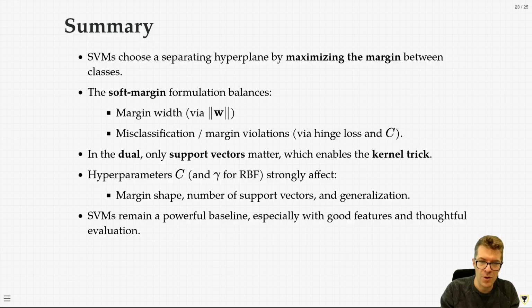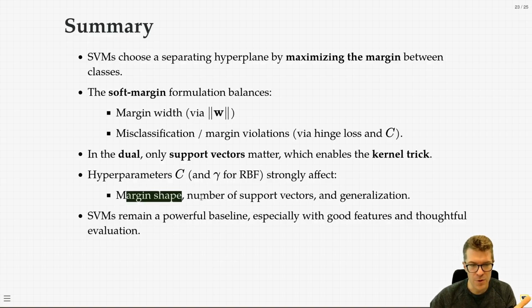In the dual, only the support vectors will matter. This enables the kernel trick. Practically, this just means that the support vector machine is very efficient. Our hyperparameters can strongly affect the shape of the margin and the number of support vectors we're using.